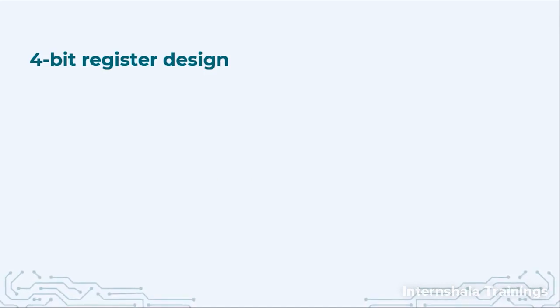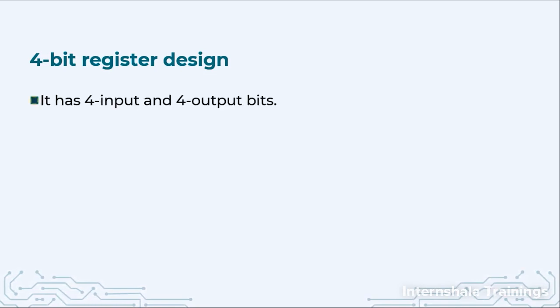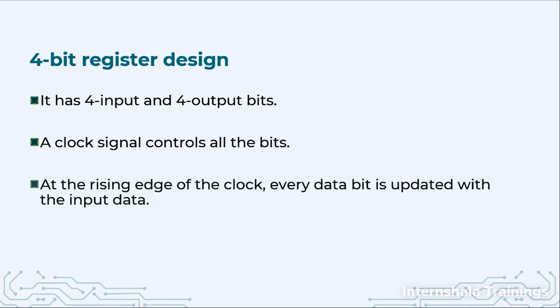Now, when we talk about register design, one of the first registers that we design is a 4-bit register. That means it is going to have 4 pins for the input and 4 pins for the output. A clock signal will be used which will control all the bits at one time.